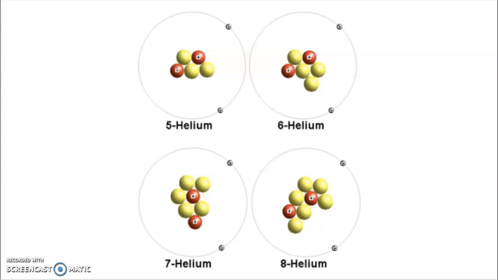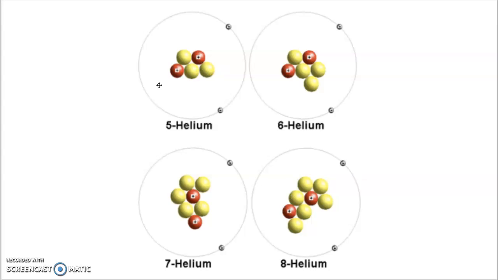One last example I have here is helium. The red circles in each of my atoms are my protons. So I have 2 protons in each of them. But you see my number of yellow circles changes. The more neutrons I have, the greater my mass.